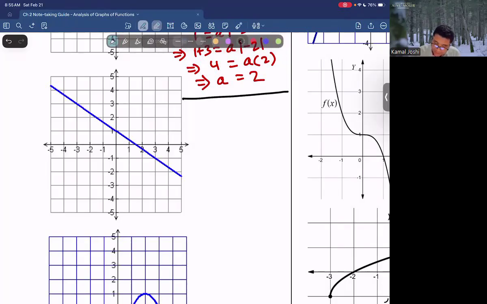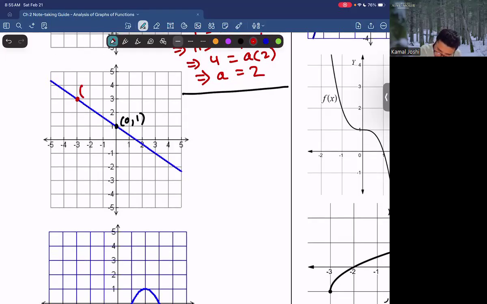As a straight line, you can notice that the y-intercept is 1, and if you look at the slope, look at some standard points. Let's say I take this point and the black point. The coordinate of that point is (-3, 3).